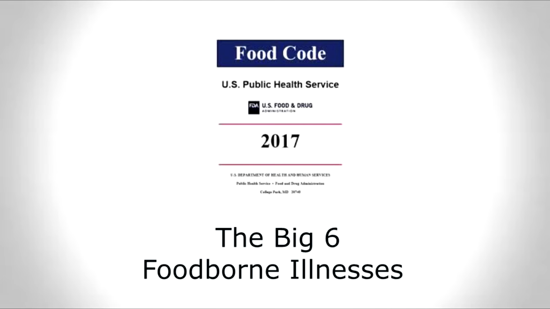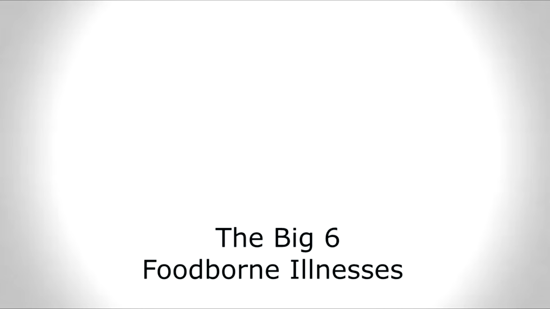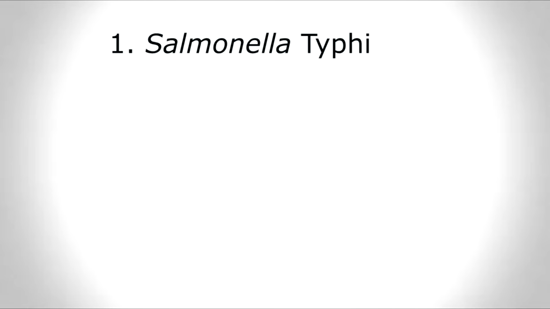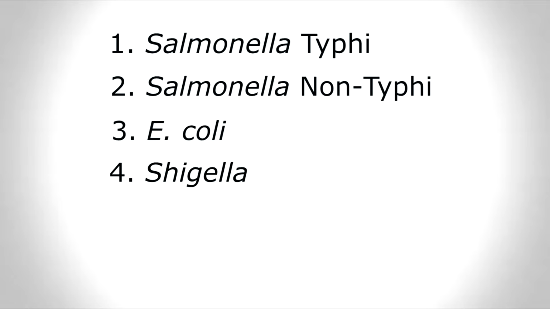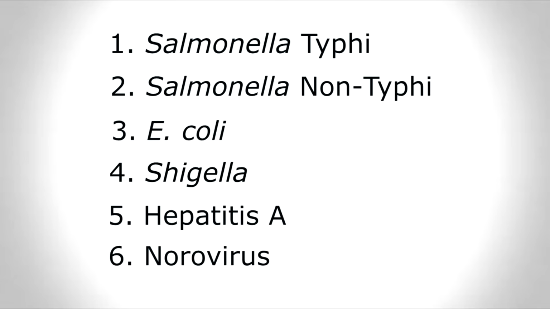The FDA Food Code requires employees to report to management a diagnosis or exposure to any of these big 6 foodborne illnesses. They are Salmonella typhi, Salmonella non-typhi, E. coli, Shigella, hepatitis A, and norovirus.